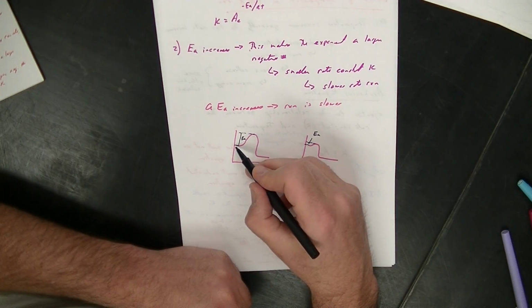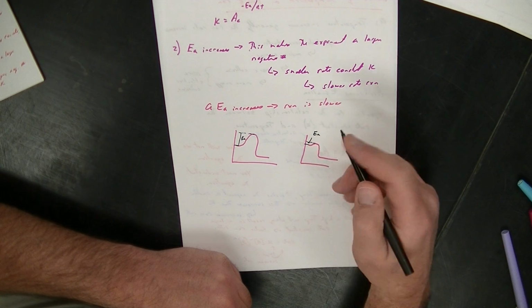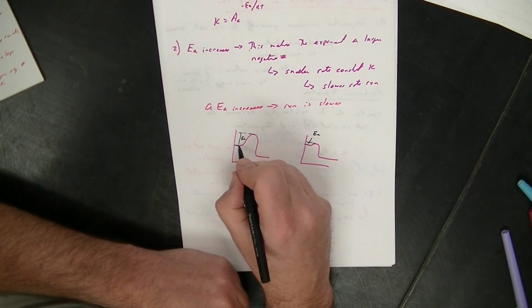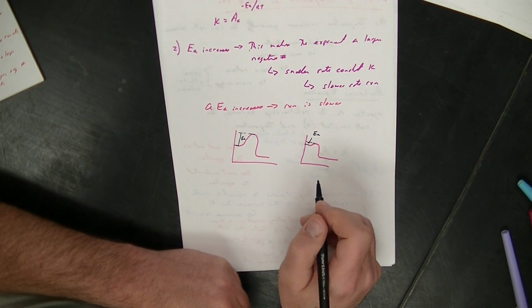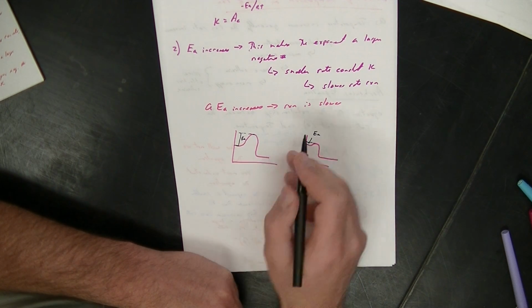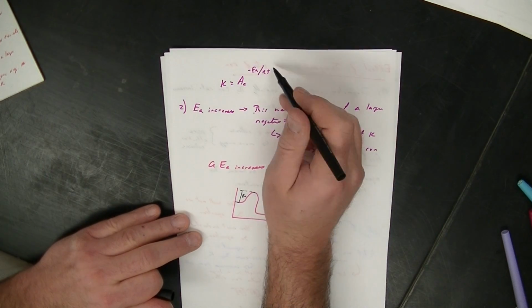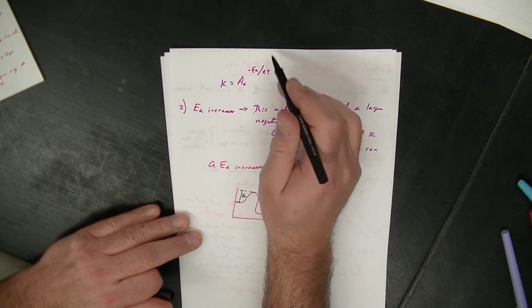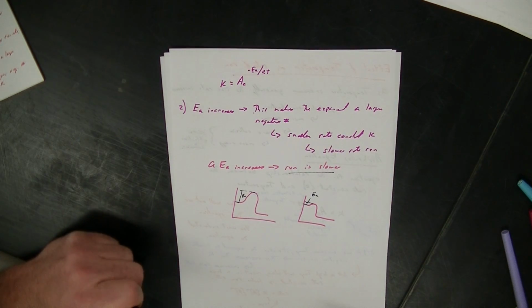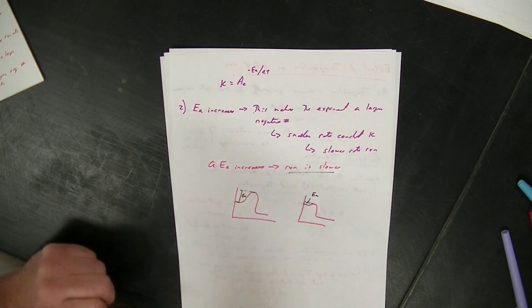Well, this one over here is going to go faster because we only need a little bit of activation energy to get it started. This one is going to need more energy. So as we increase the activation energy, the reaction is going to go slower. What this Arrhenius equation does is give us this mathematical relationship between activation energy and our rate constant.